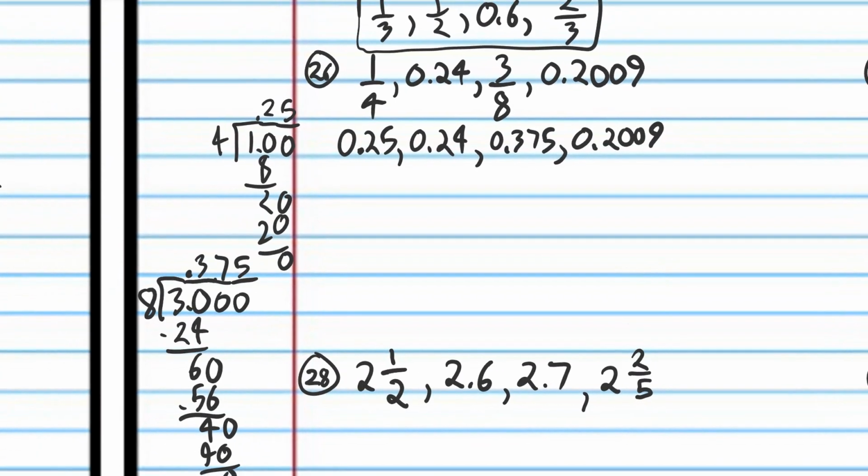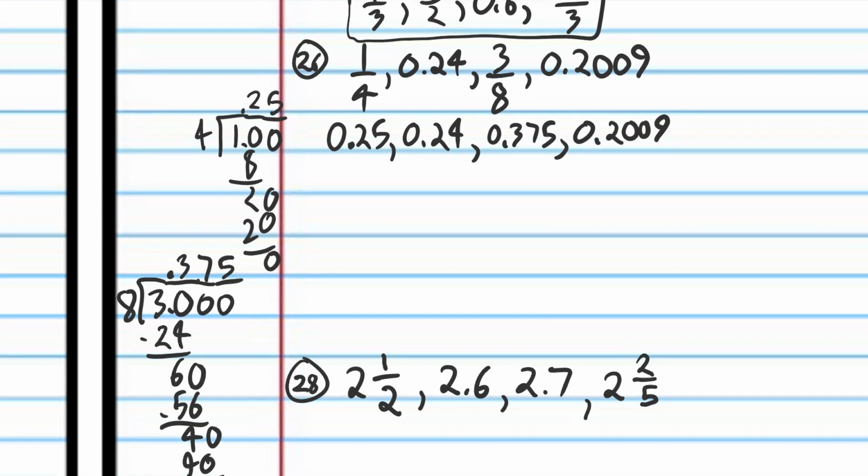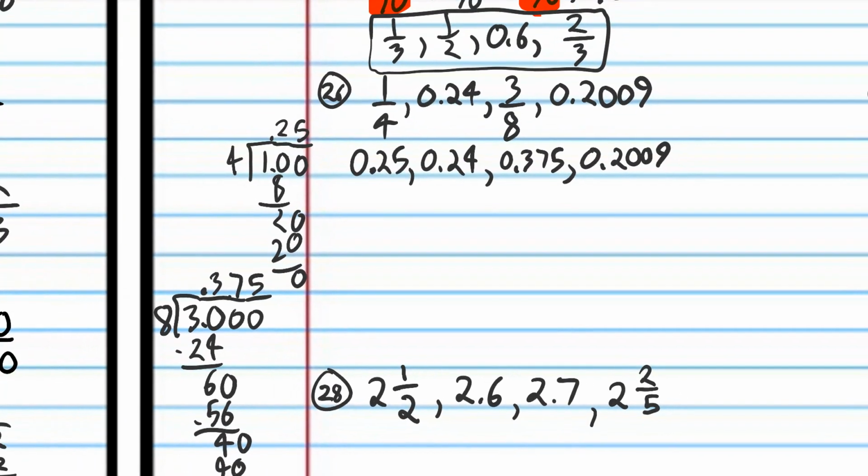If you didn't do it correctly, hopefully you saw what you did wrong. So now we just have to figure out which is biggest. We look at the numbers farthest to the left. They're all 2s, except one is a 3. So that 3/8 has got to be the biggest number.